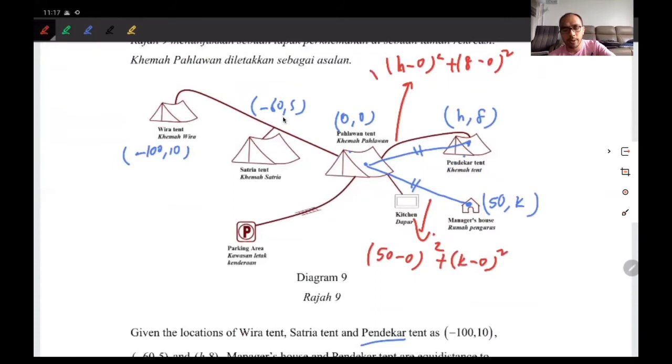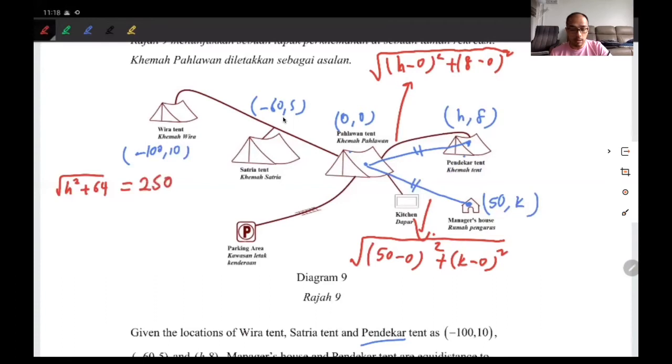Sorry, square root. Since they are the same distance, we can equate them. So I will get the square root of H squared plus 64 equals to the square root of 50 squared, which is 2500, plus K squared. Let me get rid of the square roots. I will get H squared plus 64 equals to 2500 plus K squared.